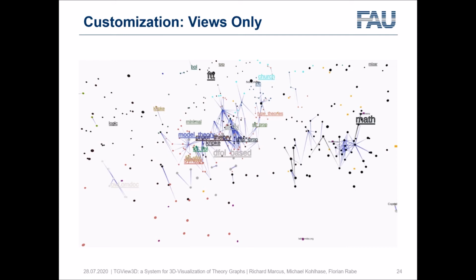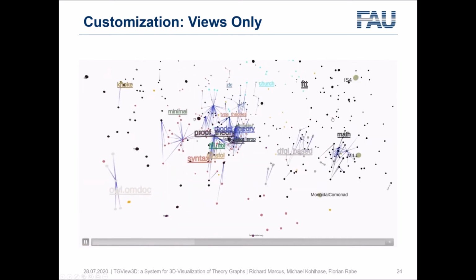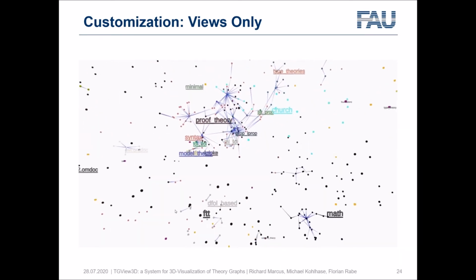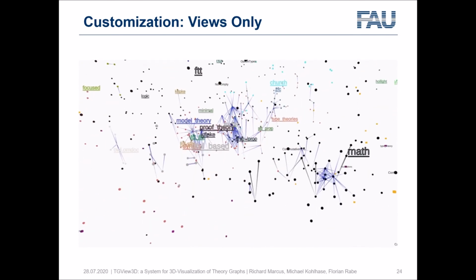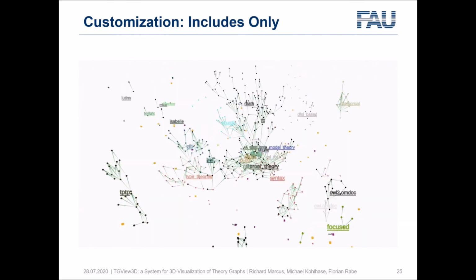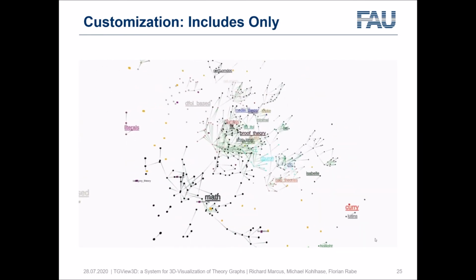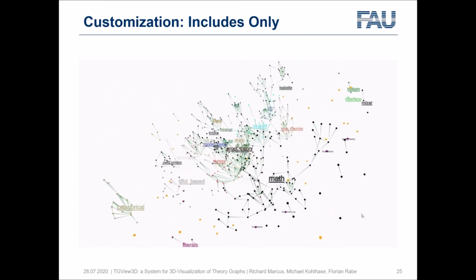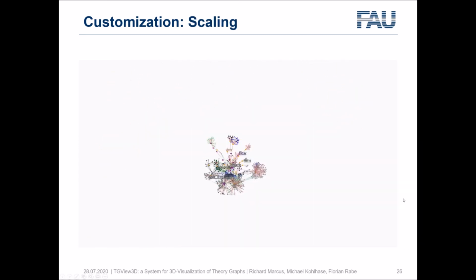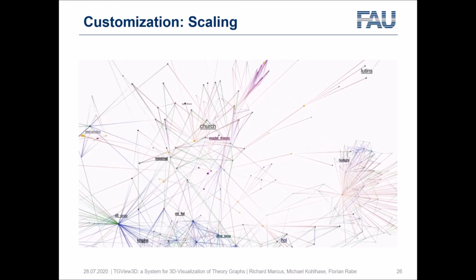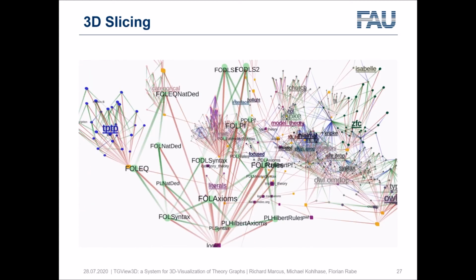The biggest opportunity here is to simply deactivate edge types, because we're not really using them at the same time, so that we can, for example, see views only, or on the other hand, have only the includes visible, and freely change this from within the graph view. Then we also have scaling, and what this really does is change the node spacing so that we can really get into those dense clusters.